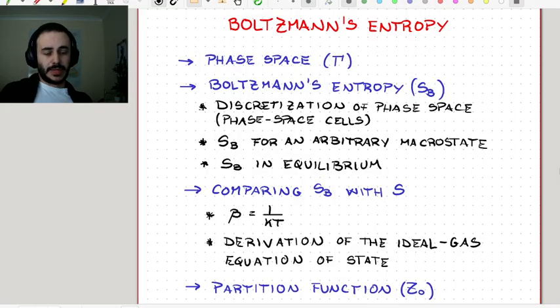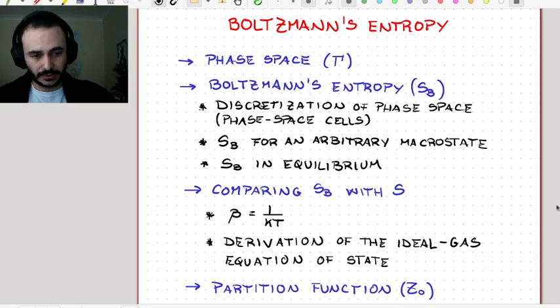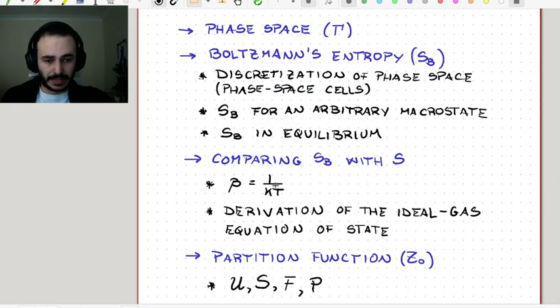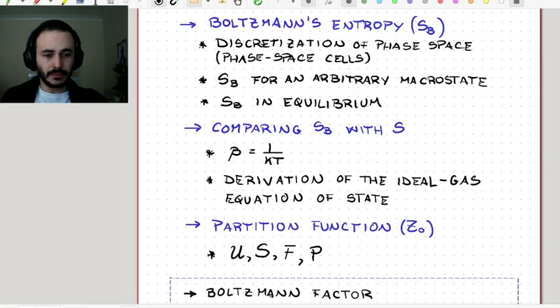So there is a parameter that we are going to call beta. It's in principle just a mathematical artifact that just happens to be the temperature, or more precisely, the inverse temperature. And from Boltzmann's entropy in equilibrium, we will be able to even rederive the ideal gas equation of state. Without assuming anything, we just obtain the ideal gas equation of state.